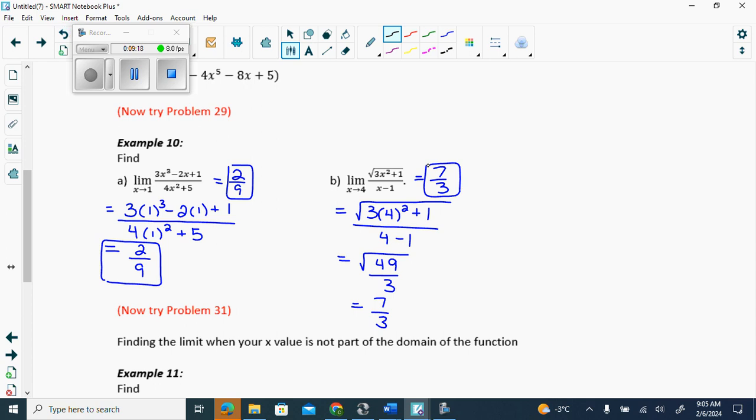So this function is not continuous. Now if I ask this question, is this function continuous at 4? Yes. I direct substituted in and it worked, correct? So that means from the left as I approach 4 at 7/3, the right as I approach 4 at 7/3, and at 4 at 7/3, because I could directly substitute. So it is continuous at 4, but the function itself is not continuous.